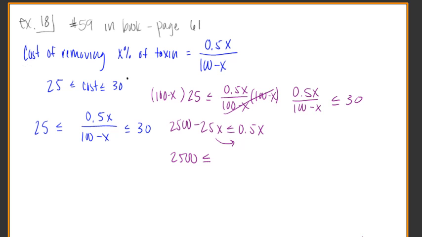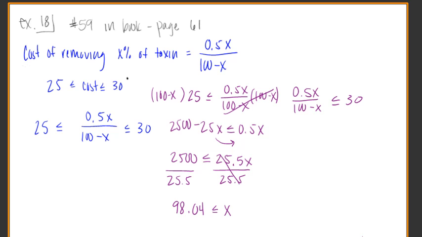We get 2500 is less than or equal to 25.5x, because 25x added to a half is 25.5x. Let's divide both sides by 25.5, and we'll get a final answer. I'll plug this in my calculator real quick: 98.04 is less than or equal to x. Okay, so we'll come back and interpret that in just a second.